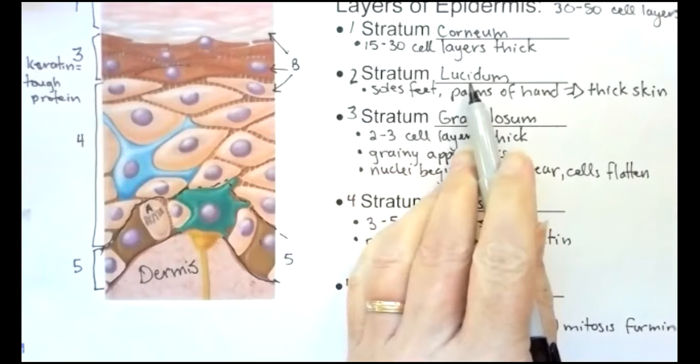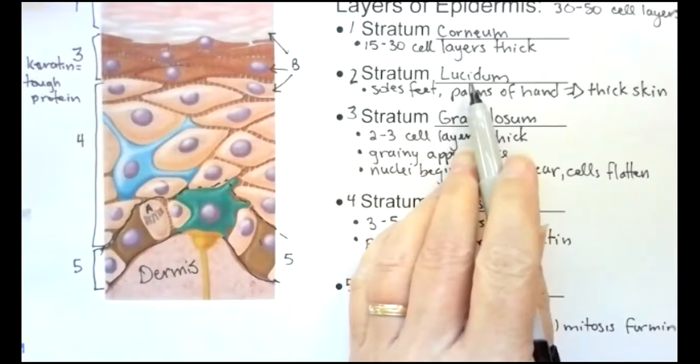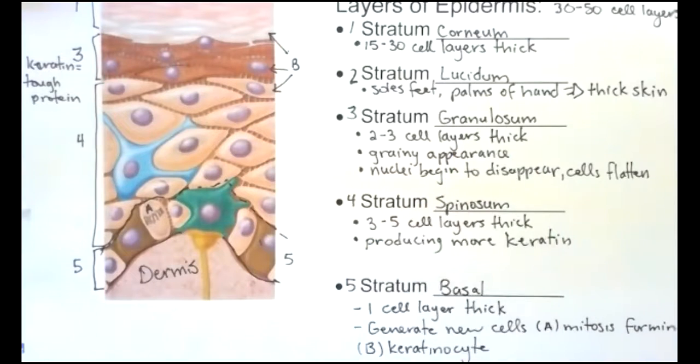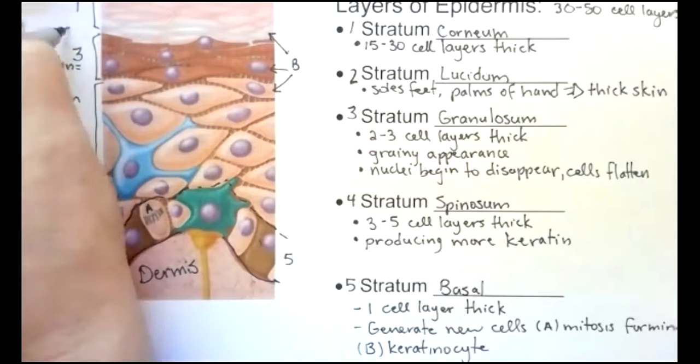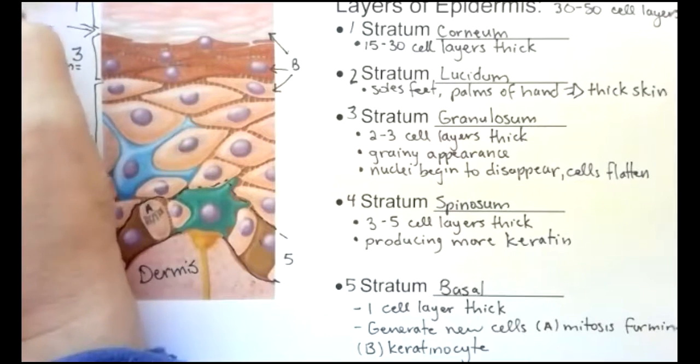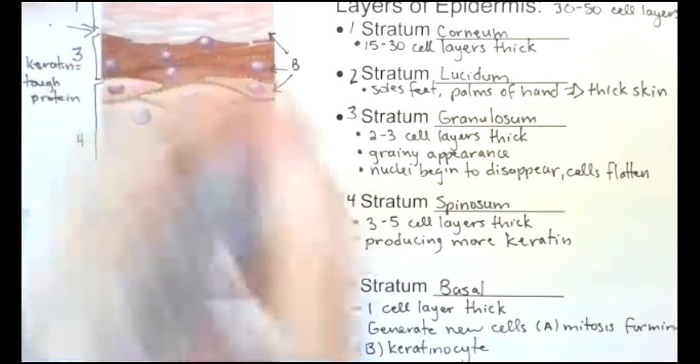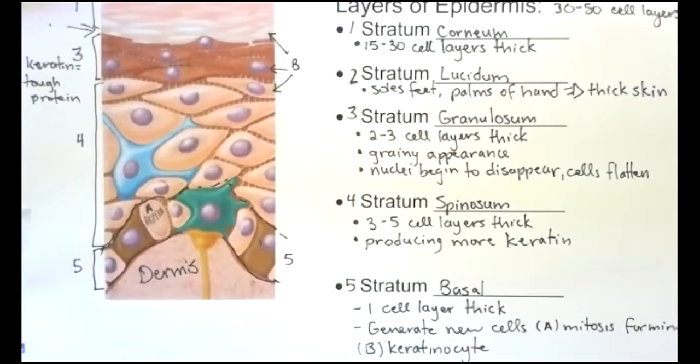This layer, it's called lucidum. Lucid means clear. And if you look at this, and you will look at this when you sketch out epidermal tissue, it looks almost just translucent. It's clear. If it was present, it would be found between the corneum and the granulosum. Yes, you do need to know the names of these for the test.